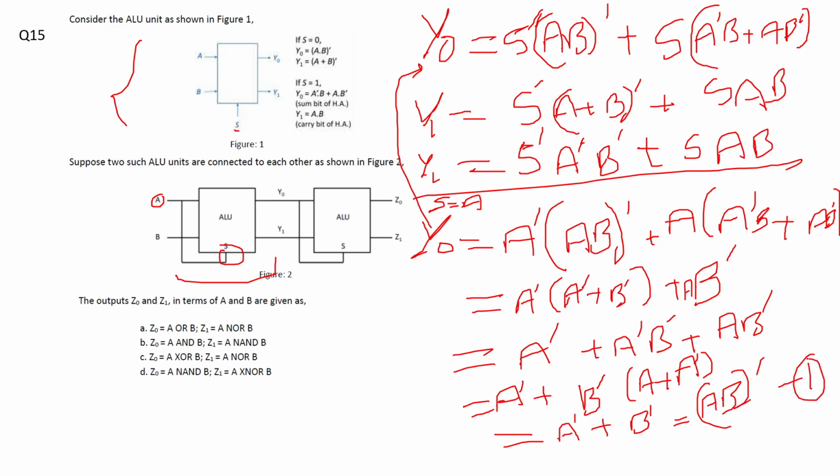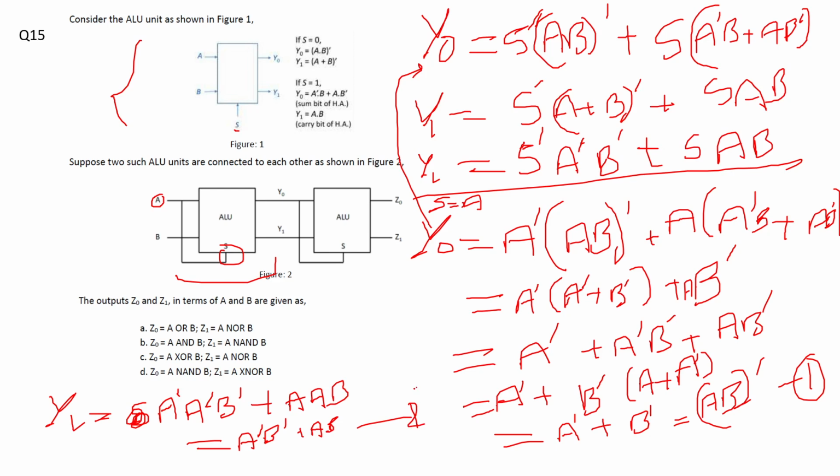I'll call it 1, and my y1 will be equal to, replacing S by A, A complement B complement plus A B. So it will be simply A complement B complement plus A B, right? So these are my outputs here, y0 and y1. Now this goes as input to another ALU where S is equal to y0.